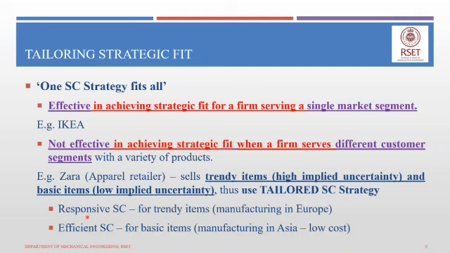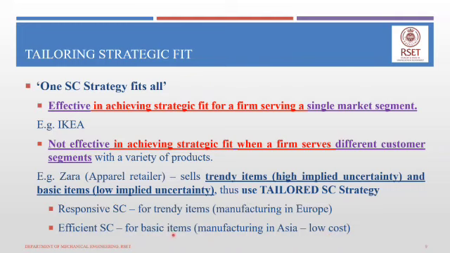That is done by assigning a larger part of the responsiveness requirements to manufacturing. The trendy items are manufactured in Europe, where the lead times can be low, even at the expense of higher costs. But for the basic items, where customers require efficiency at the lowest possible cost, those items are manufactured in Asian countries where the cost is low.